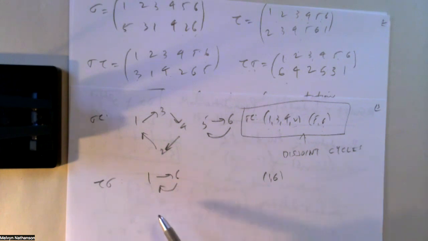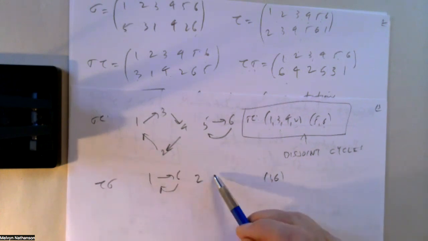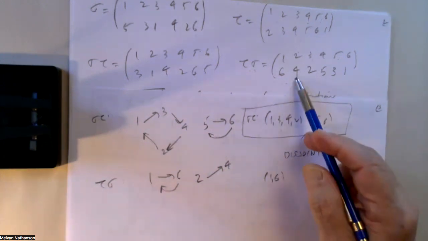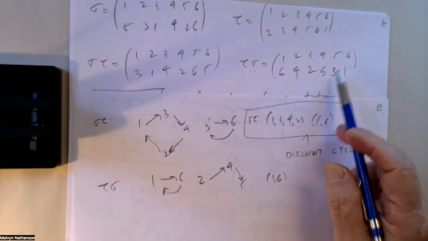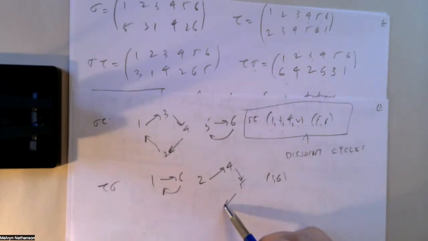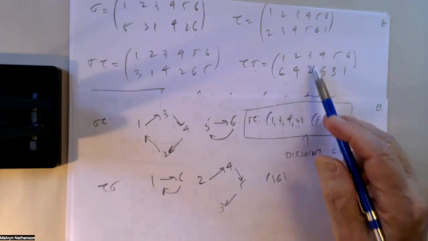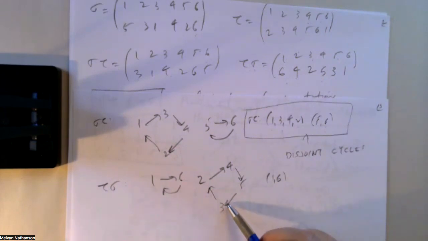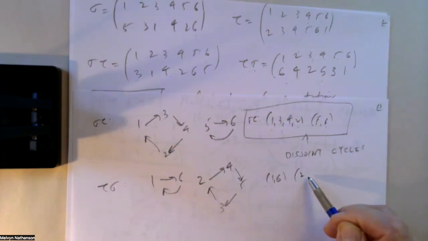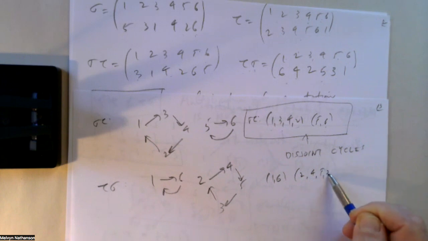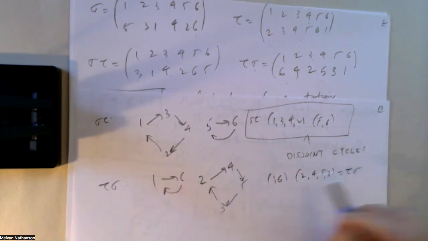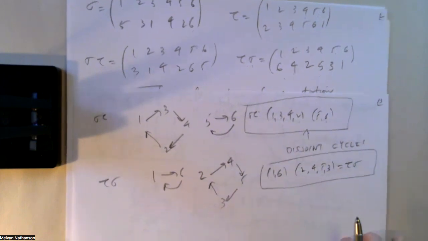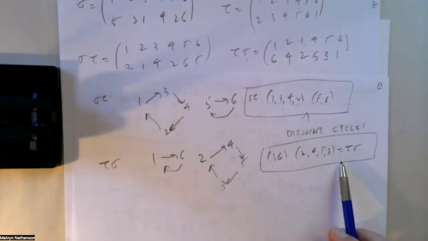Let's see, what's the next number? 2. 2 goes to 4. 4 goes to 5. 5 goes to 3. And 3 goes back to 2. So this is a 4 cycle, (2 4 5 3). So this is tau sigma in cyclic notation.